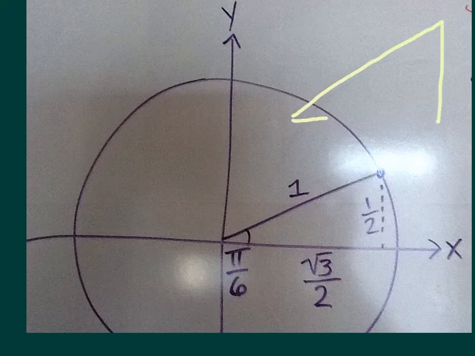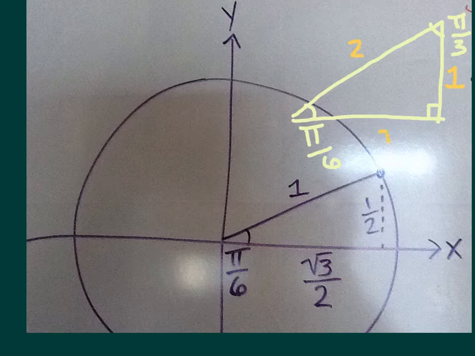In this case I used a 30, 60, 90 triangle, which has the angles pi over 6 or 30 degrees down here, and then up here the angle pi over 3 or 60 degrees, and of course my 90-degree angle. I know that for this special triangle, the side lengths are 1, 2, and root 3.